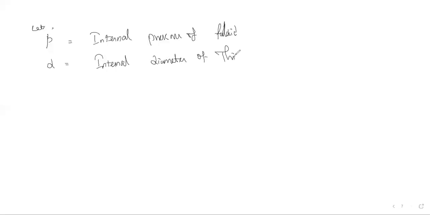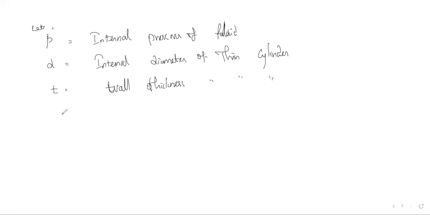Let P be the internal pressure of the fluid, small p. Then small d is equal to the internal diameter of the thin cylinder, and t is equal to the wall thickness of the thin cylinder.